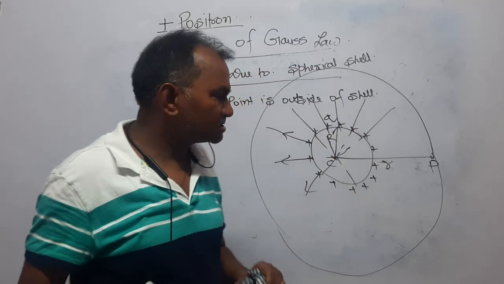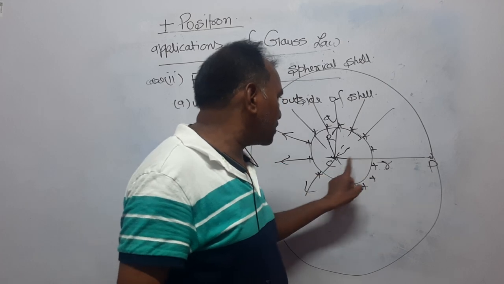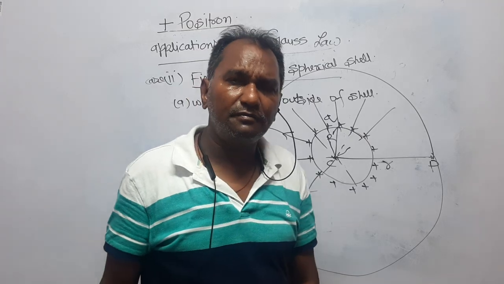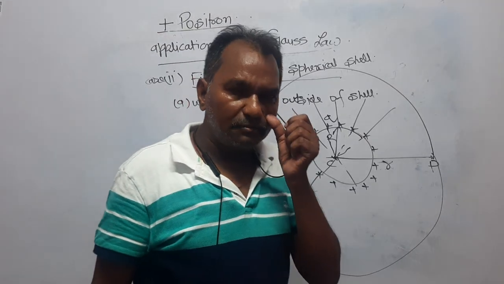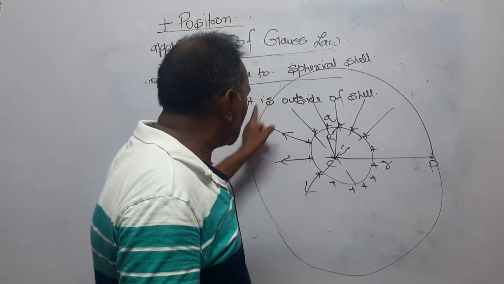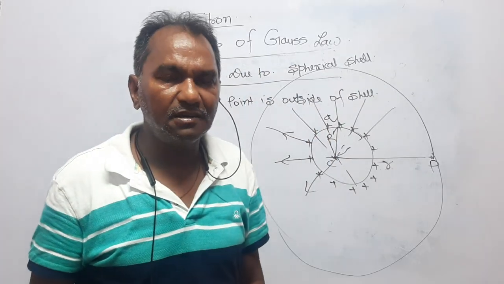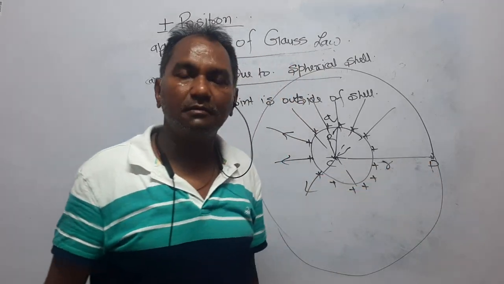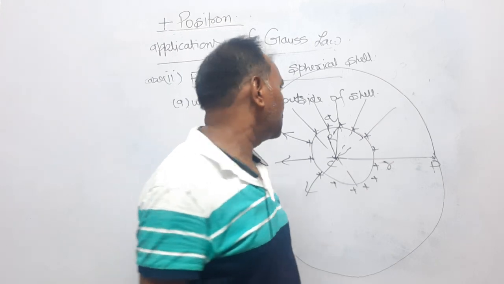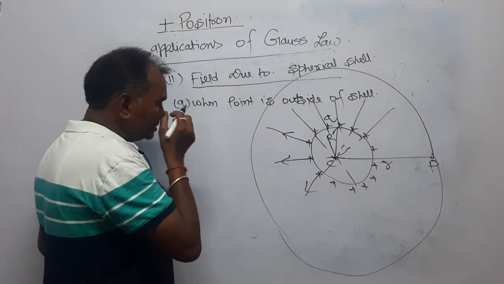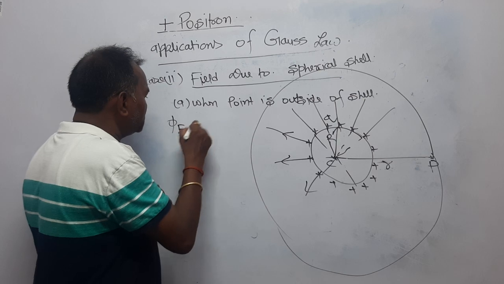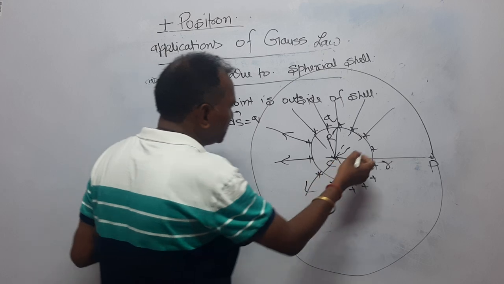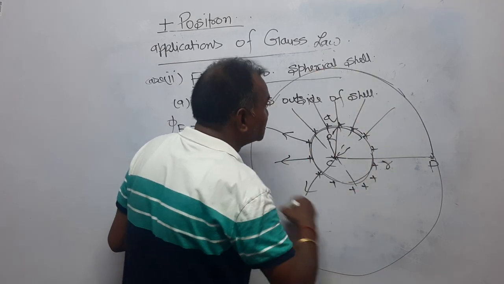The radius of the spherical shell is capital R. A point P is a small r distance away from the center C. Now you know the flux phi is equal to integral E dot ds, and that is equal to total charge. This whole charge is inside this Gaussian surface.